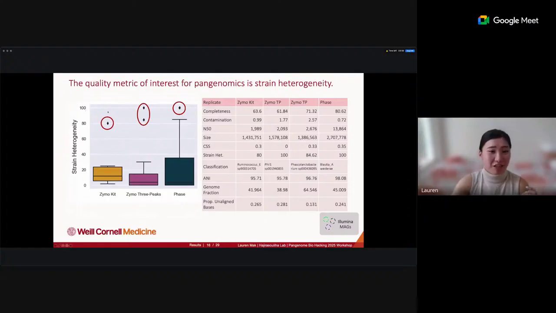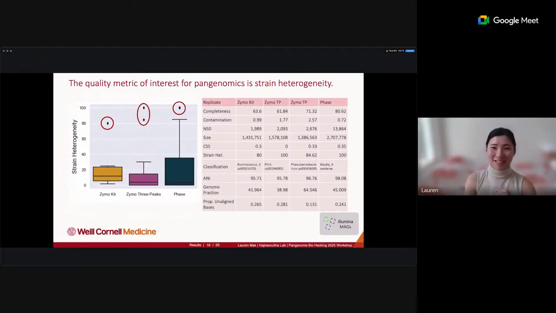However, the contamination, the proportion of unaligned bases, tells you that most of the sequence material in this MAG probably belongs to the species. So that is a good sign. Those are the things that you might want to look at first pass.